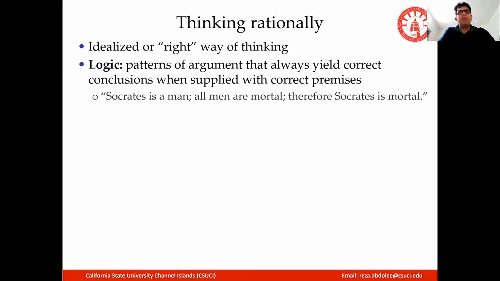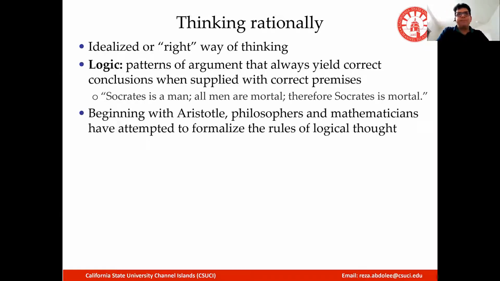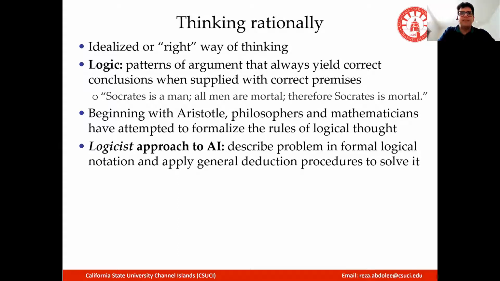Logic is a pattern of argument that always yields a correct conclusion when you supply it with the correct premises. It started with Aristotle, philosopher and mathematician. He attempted to formalize the rules of logical thought.